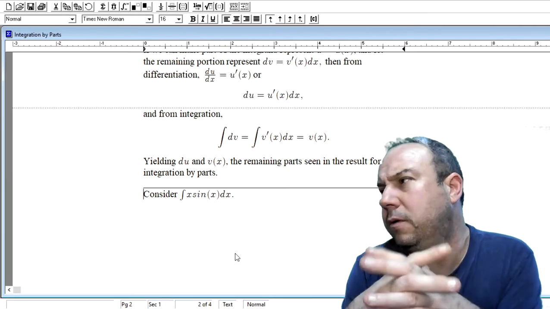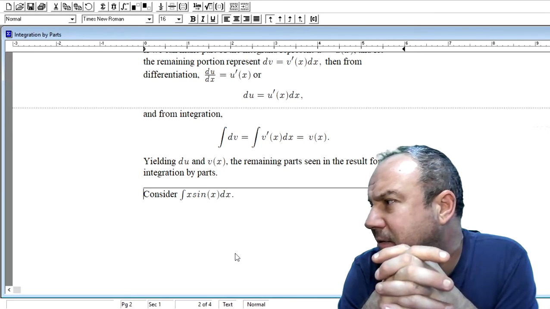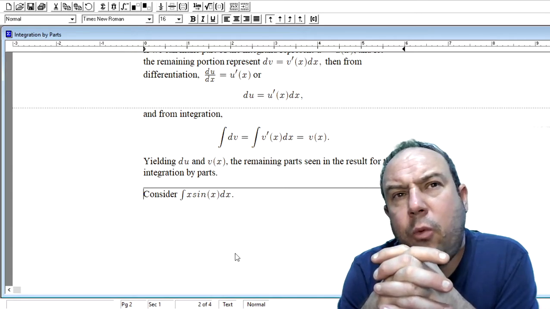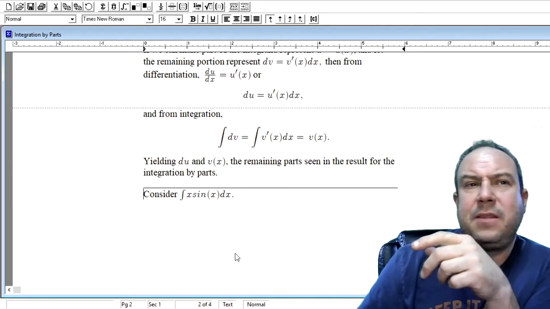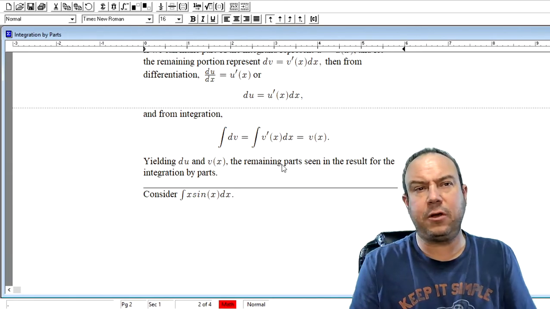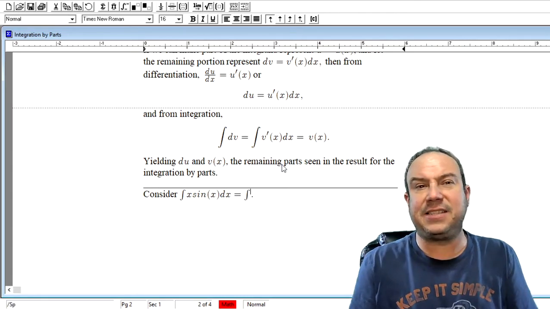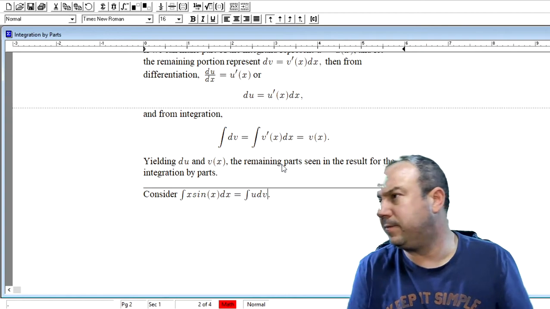Here we have the integral of the quantity x sine x dx. When looking at this in the mindset of integration by parts, you're going to want to look at this as the integral of u dv.